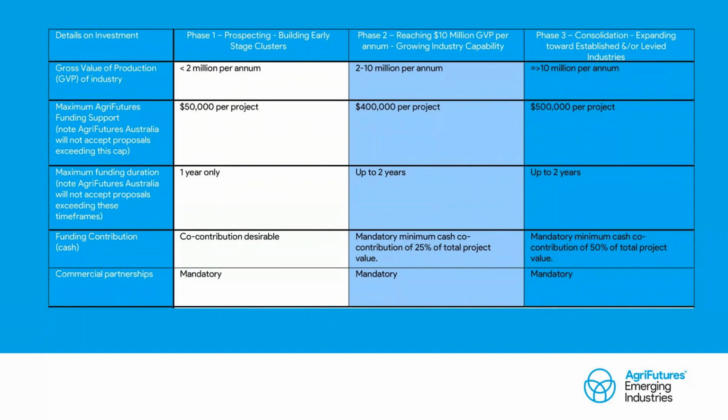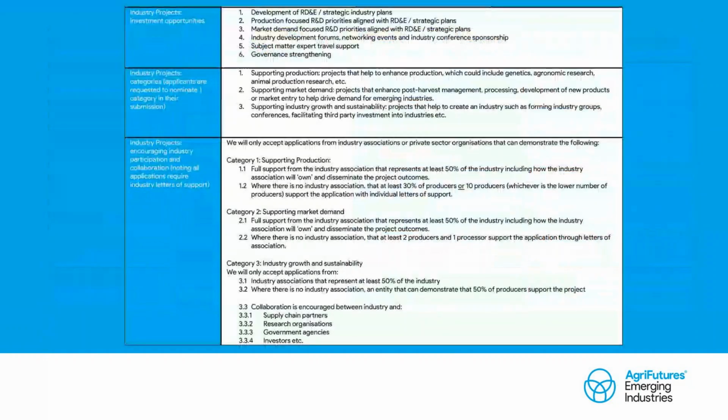When looking for industry support, does percentage of producers refer to producer number or GVP that should be weighted? I think that's weighted. So, Beck, can you just go back to the next slide? GVP and producer numbers are two separate things.